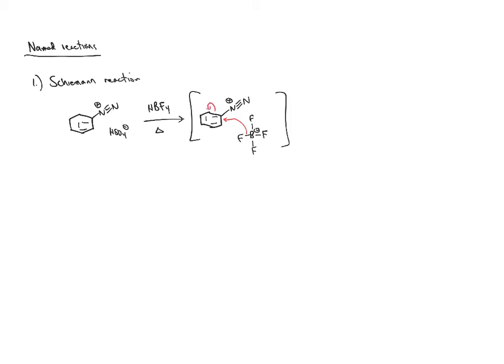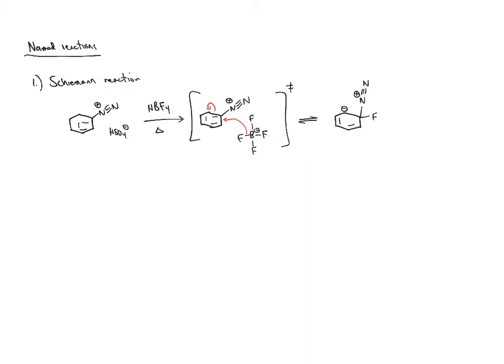That's going to allow us to kick the electrons up onto the carbon atom as a lone pair. So we're going to generate an arenium ion. So this arenium ion is going to look like this, where we've got a new carbon-fluorine bond. And we have a good leaving group.